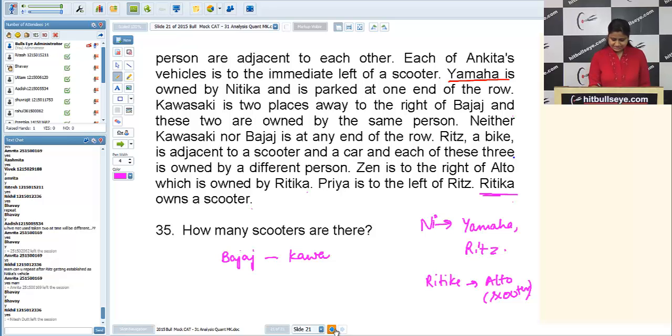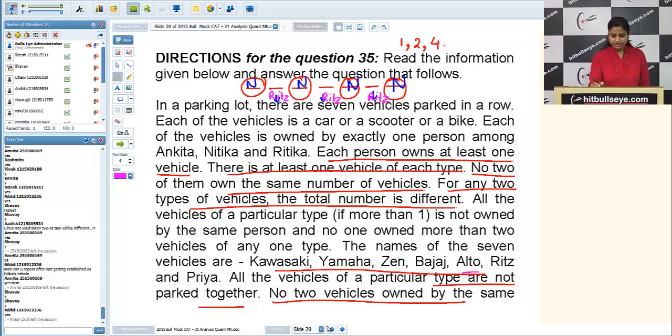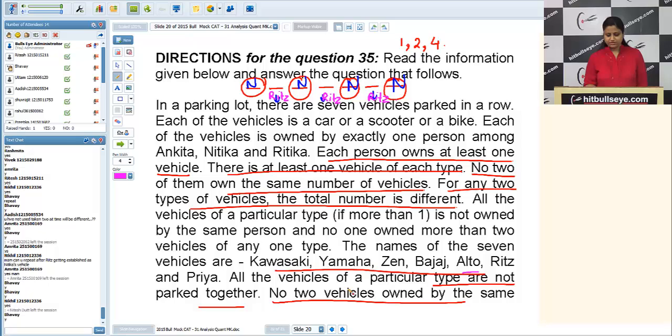Can you say, since Kawasaki and Bajaj are not at the end of any row, that's why they do not belong to Nitika, because Nitika already has Ritz, which will occupy either 3rd place or 5th place. Is it okay? So either 3rd or 5th is occupied.